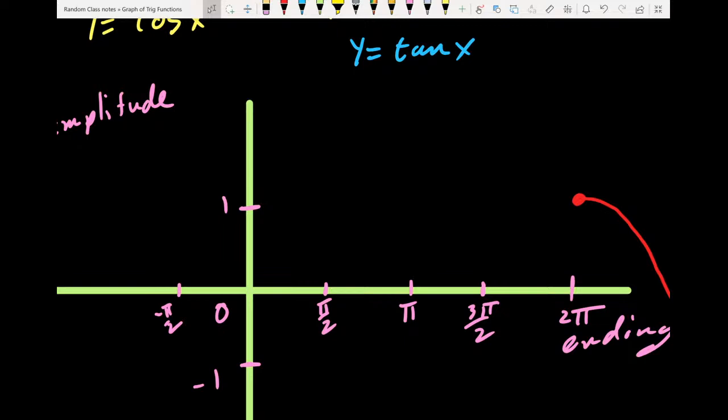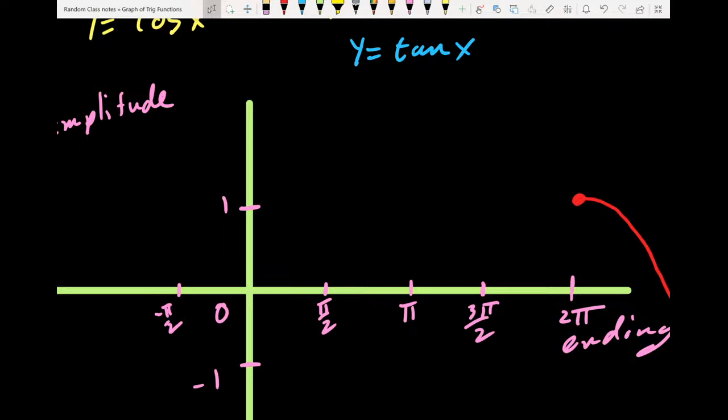Take out your calculator and plug in tangent of pi over 2. What is it? It shouldn't be that hard. Tangent of pi over 2.